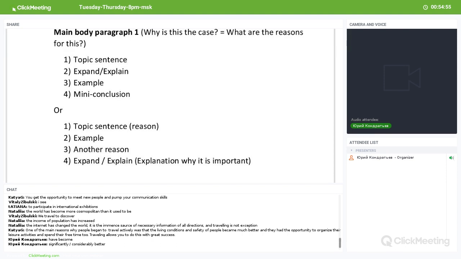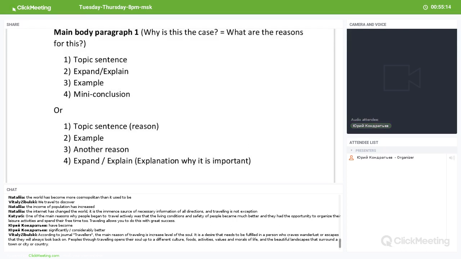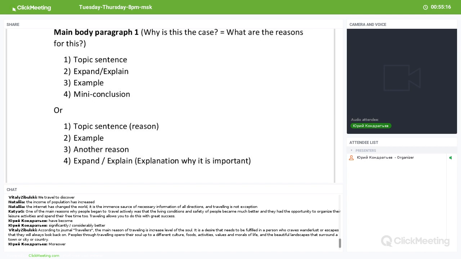And they have the opportunity to organize their leisure activities and spend their free time too. Okay, so instead of saying to in the beginning, have become significantly better, and then you say moreover, and then you just continue another sentence without saying to, because it sounds like you're speaking, and in writing it would be moreover, they received the opportunity to organize their leisure activities and spend their free time.